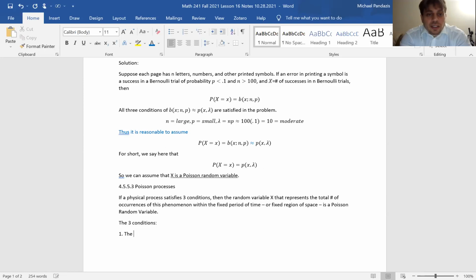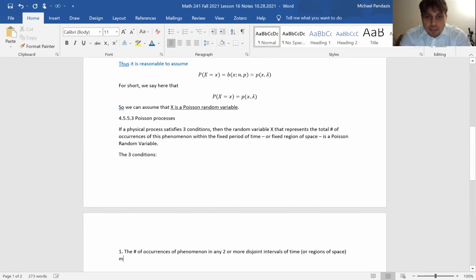One, the number of occurrences of the phenomenon in any 2 or more disjoint intervals of time or regions of space must be independent of each other.